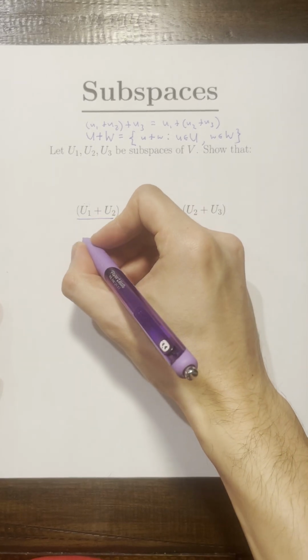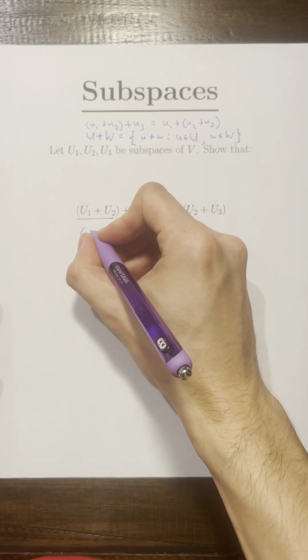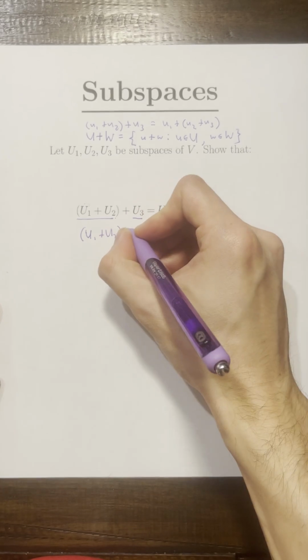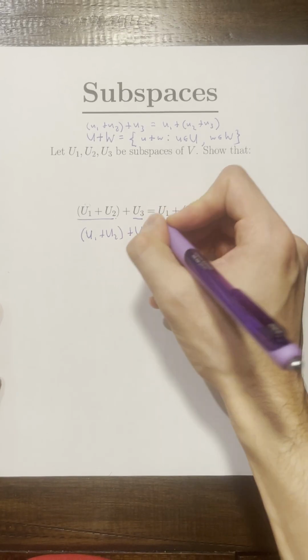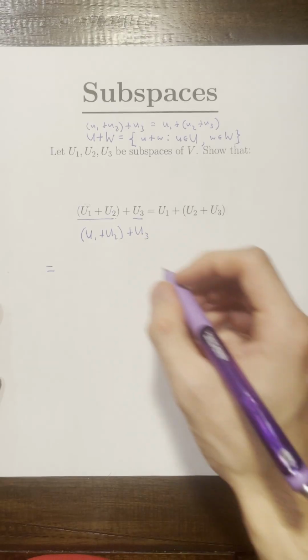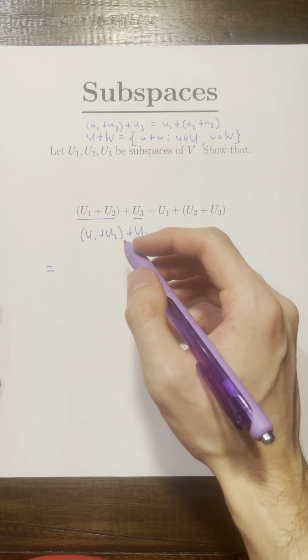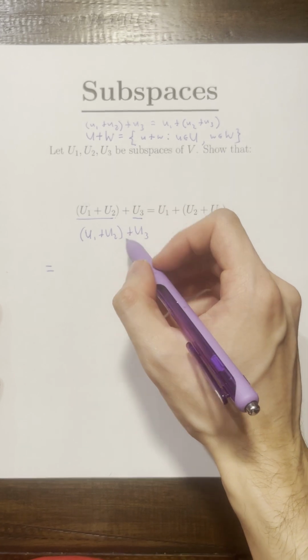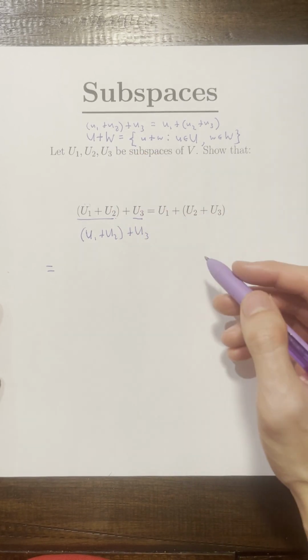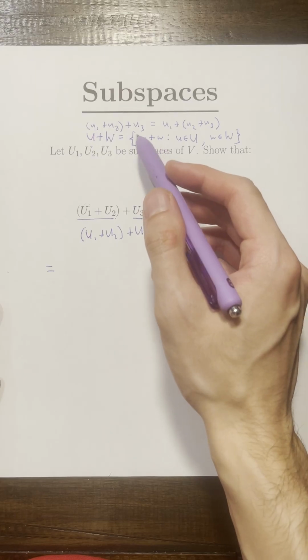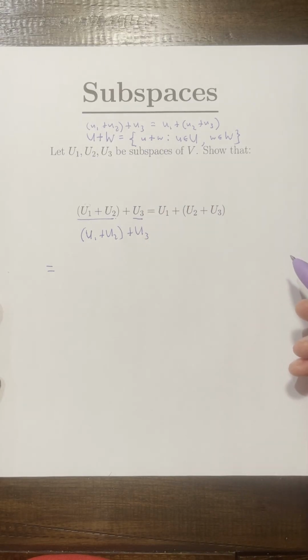So I'm going to copy the left-hand side of the equation real quick. We're plugging this in for u and this in for w. What does the right-hand side of the definition turn into?